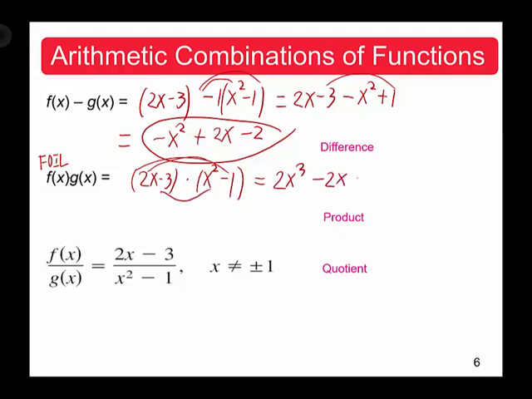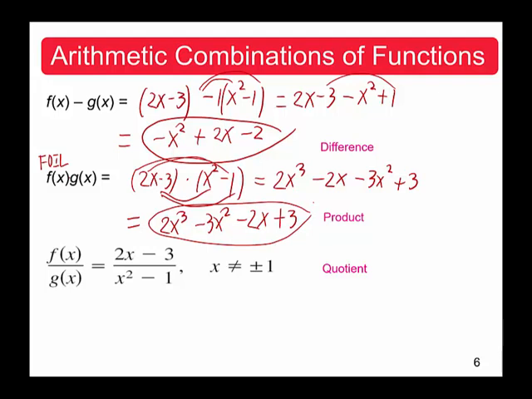Minus 3 times x squared is minus 3x squared. Negative 3 times negative 1 is positive 3. Now again, we put it in decreasing order based on the variable x. Let's start with 2x cubed, then minus 3x squared, minus 2x, adding 3. And that becomes the product of those two functions.